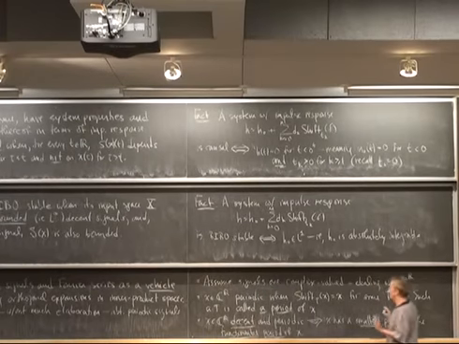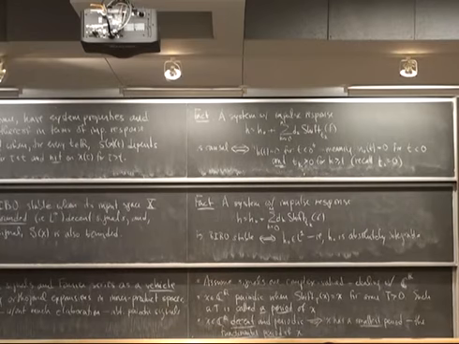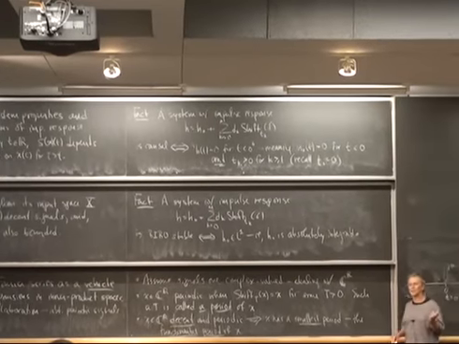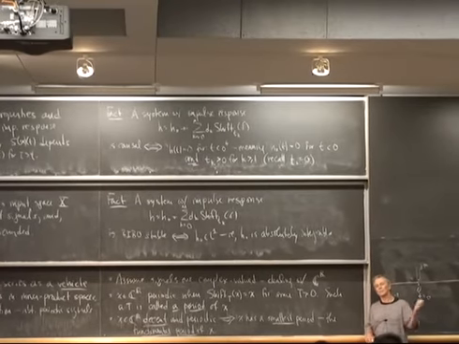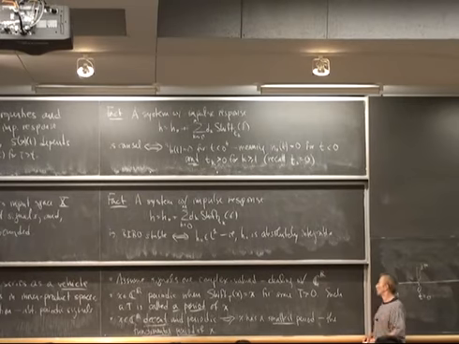Okay, now, decent. Why do we need decent here? Think about the most indecent of all of our indecent signals. The one that's equal to 1 when t is irrational and 0 when t is rational. Every rational number happens to be a period of that signal. Therefore, that signal has no smallest period.